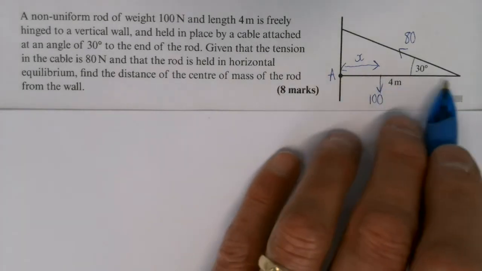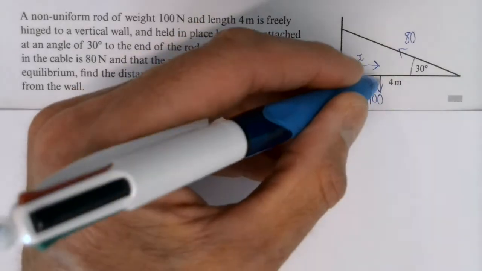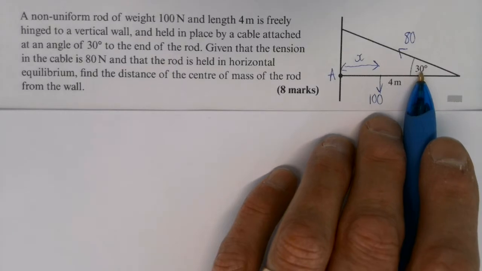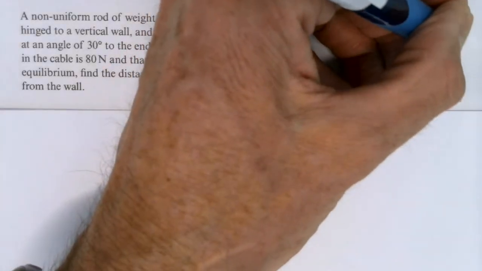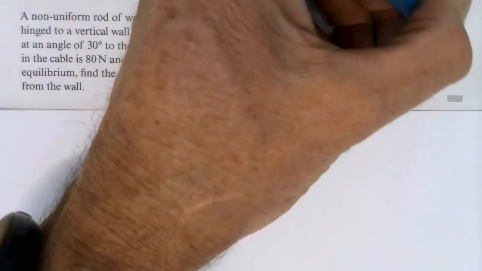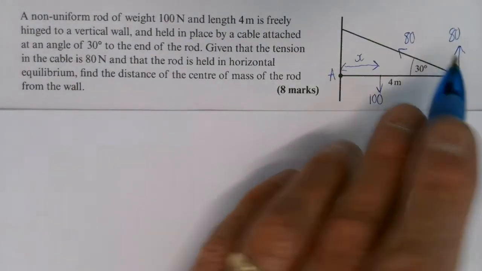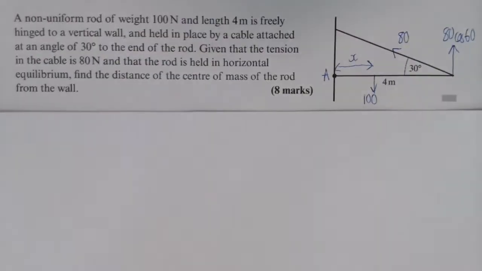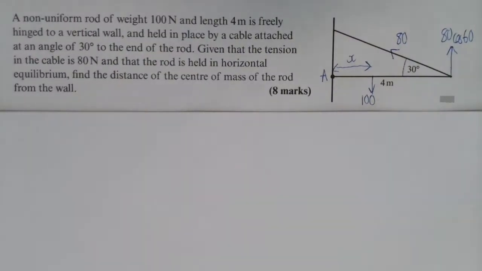So we can think perpendicular to the rod. This force, the weight, is already perpendicular. And this force, we just think about its perpendicular component, which is 80. I know that angle is 60. So that's 80 cos 60, or 80 sine 30, whichever you prefer.